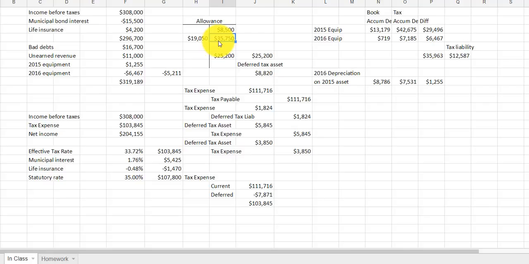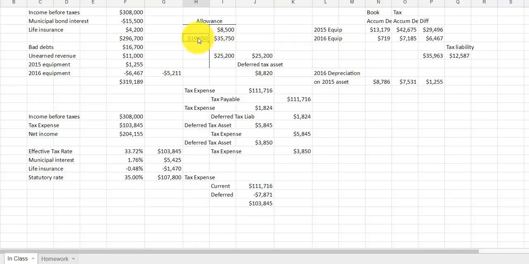So just like last year, the amount of difference between the write-offs and the estimate, between these two numbers in our T account, is going to go here as an addition to our income on the tax return, because we can't deduct as much.